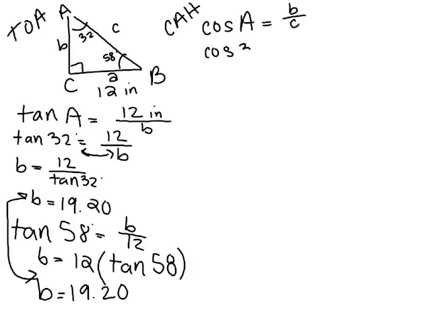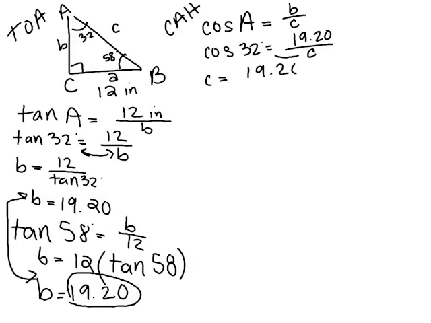Cosine 32 degrees equals b, so we need our b side length right here, 19.20, over my hypotenuse, which I don't know yet. So swap those out. Hypotenuse equals 19.20 divided by cosine of 32 degrees.